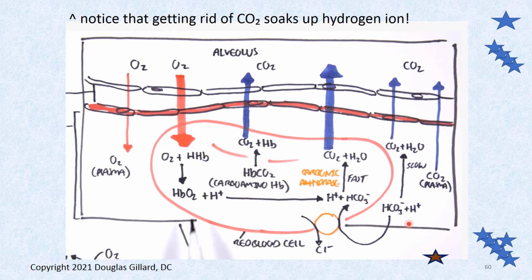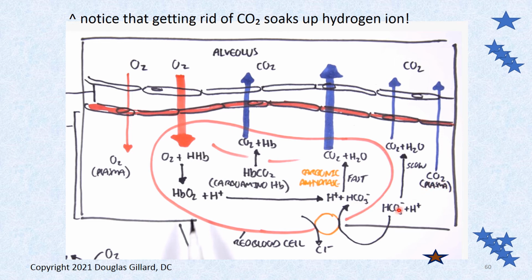Remember this physiology. I won't go through this. You guys know this, right? But bicarbonate, this is a red blood cell here. Most of the CO2 is transported as bicarbonate ion, with a little CO2 in the plasma.